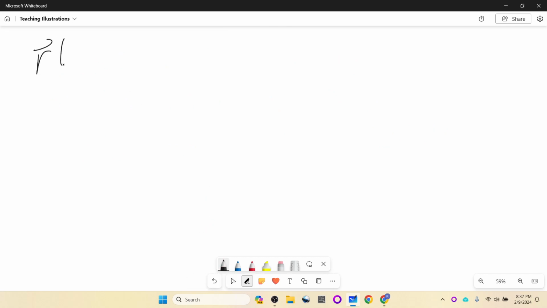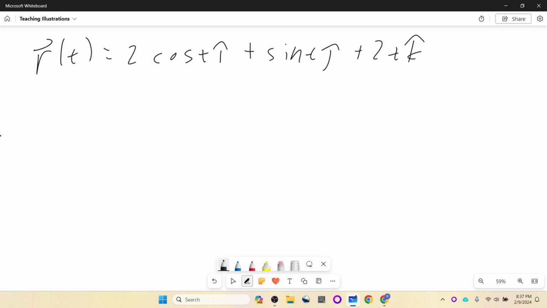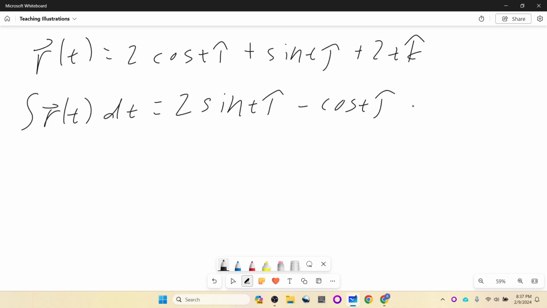So r of t is 2 cosine t i plus sine t j plus 2t k. So the antiderivative of r of t dt would be, let's just do each one after the other: 2 sine of t i minus cosine of t j plus t squared k plus a constant.